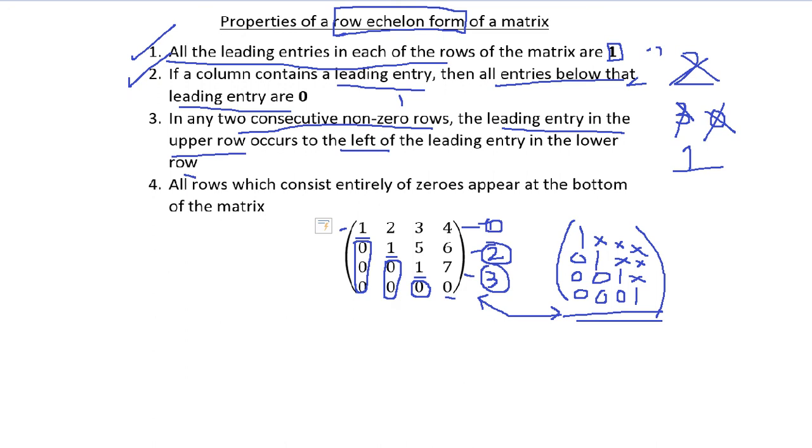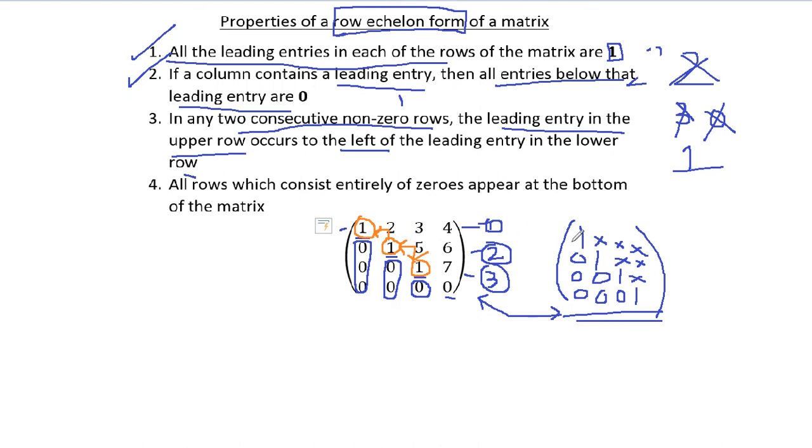On row 1, 1 is to the left of the leading entry of 1 in the lower row. The same goes for row 2 and row 3: 1 is to the left of the leading entry in the lower row.